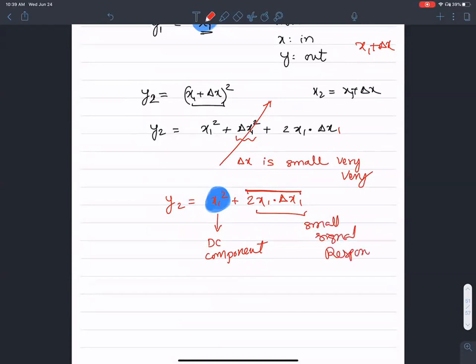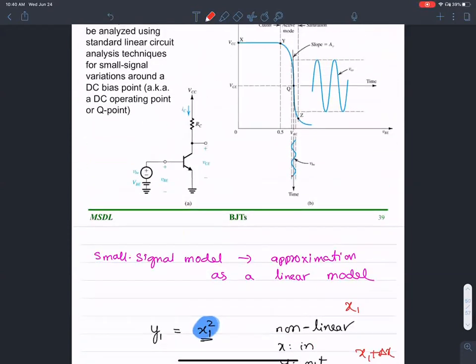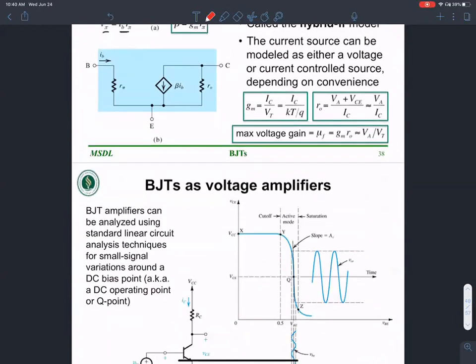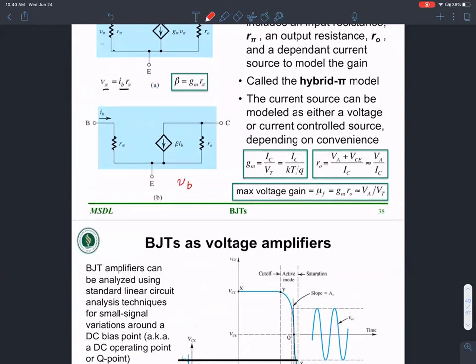response. So what we have done is break what is essentially a non-linear behavior, this squared law dependence, with the assumption that this is very, very small. So the assumption that we can use the small signal model is predicated on the premise that the small signal, the VBE signal that we are applying here, is really small in comparison.